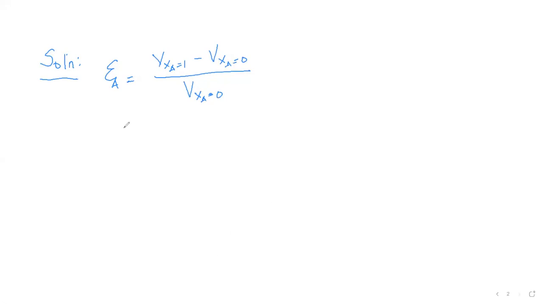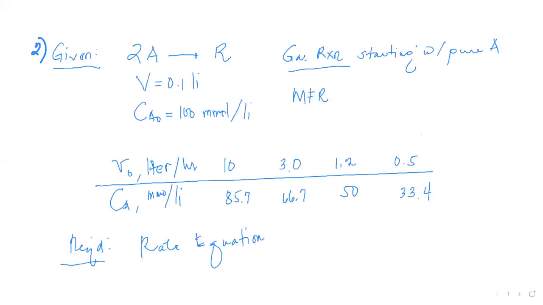Yes, Miss. Okay, so this is our formula for determining the fractional change in the volume or the expansion factor. Now, in that sense, we need the volume at 100% conversion. In our problem, it says that we started with pure A. Whenever we start with a pure component, that makes things a lot easier for determining the expansion factor.